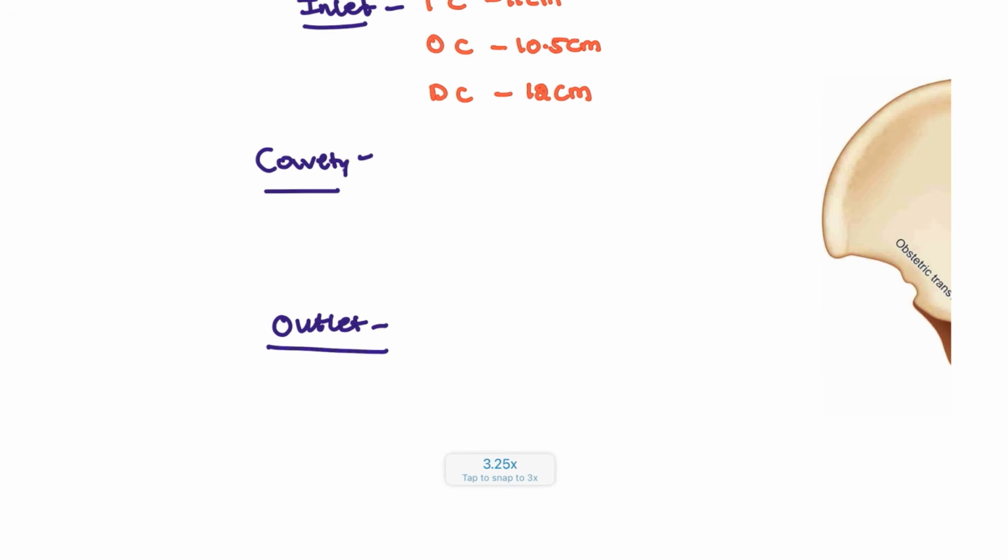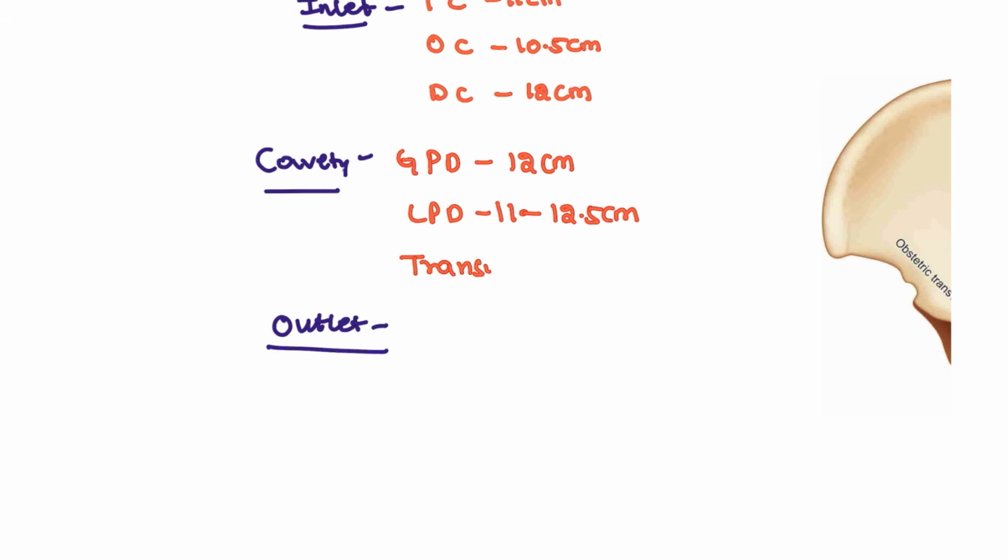Next, moving on to the cavity. The cavity has two different dimensions: the greater pelvic dimension, which is around 12 centimeters, and the least pelvic dimension, which is around 11 to 12.5 centimeters. Also we have the transverse, which is around 10 centimeters, the smallest of all the parameters.